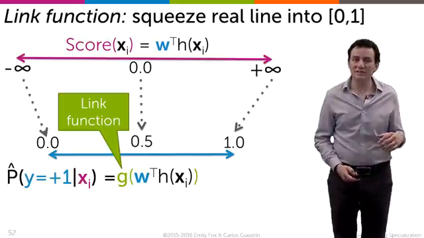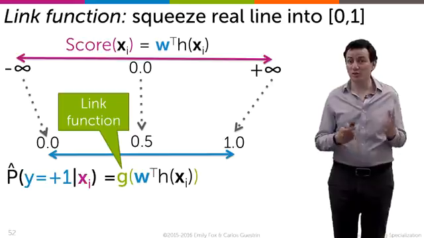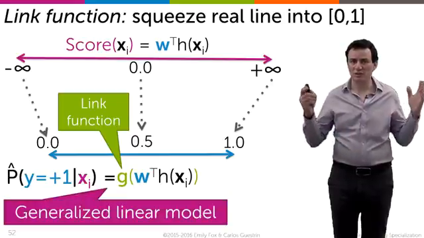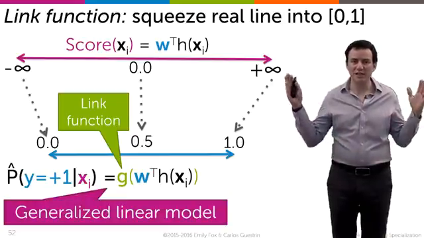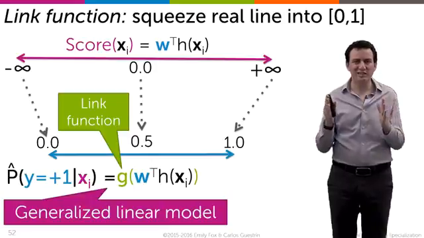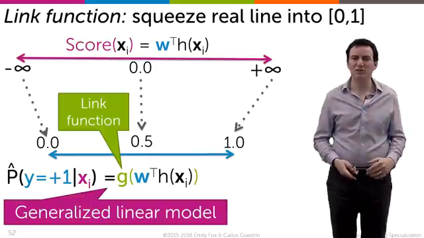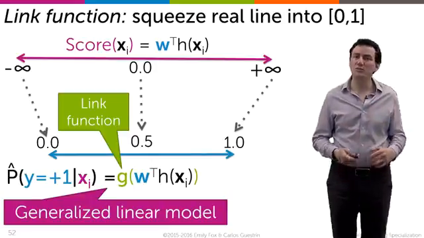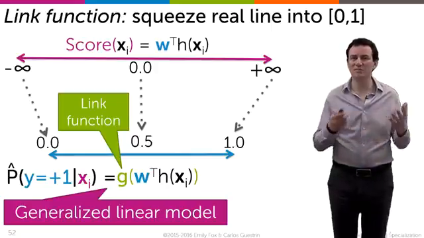And when you're taking a linear model, W transpose H, minus infinity to plus infinity, and you're squeezing it into 0, 1 using link functions, you're building what's called a generalized linear model.